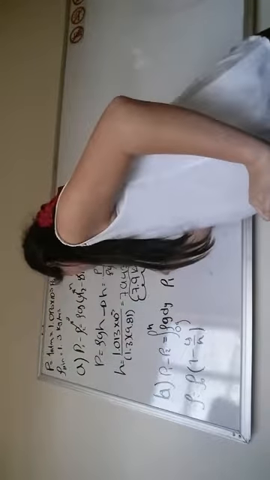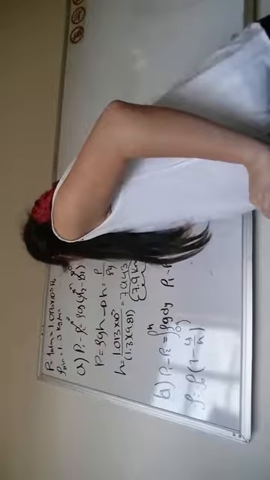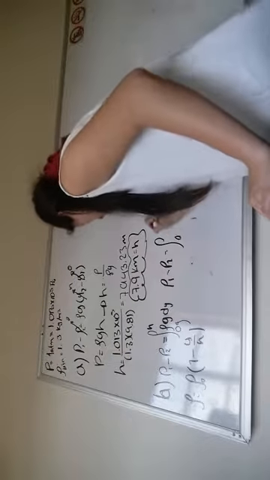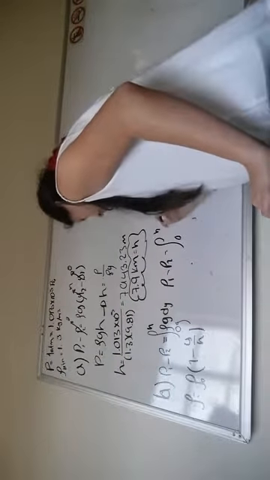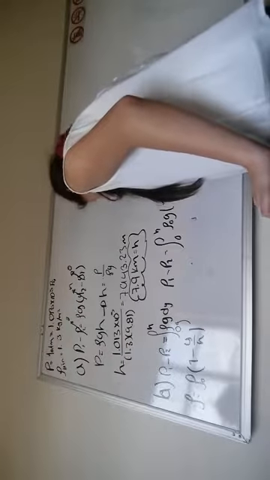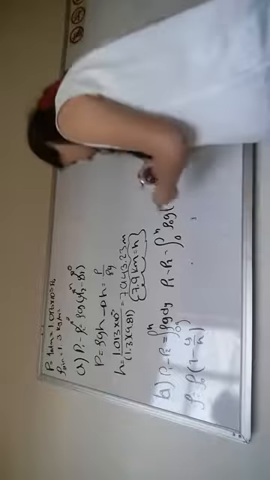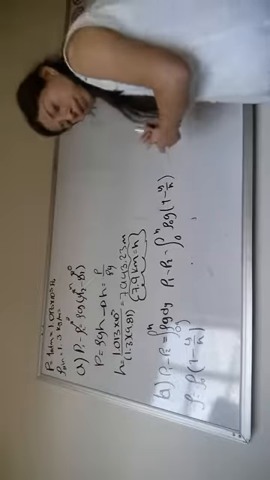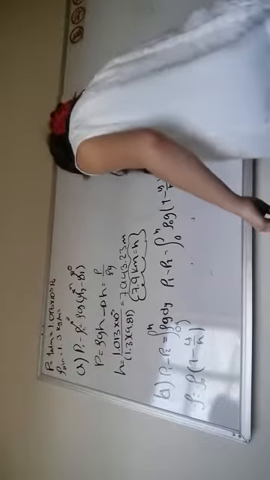Pressure 1 minus pressure 2 equals the integral from 0 to H of the density times gravity times 1 minus y divided by H dy.